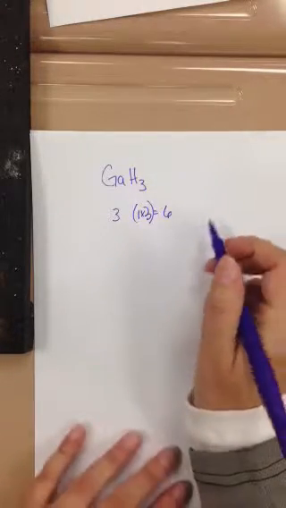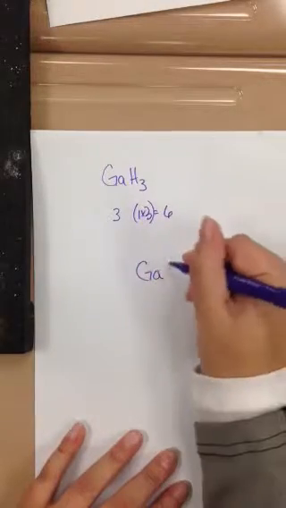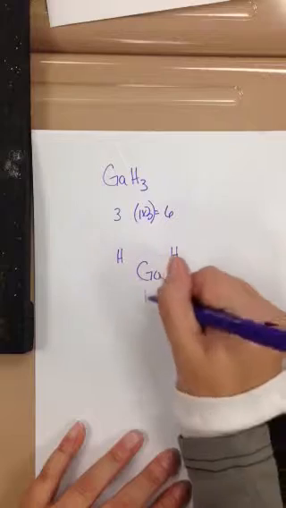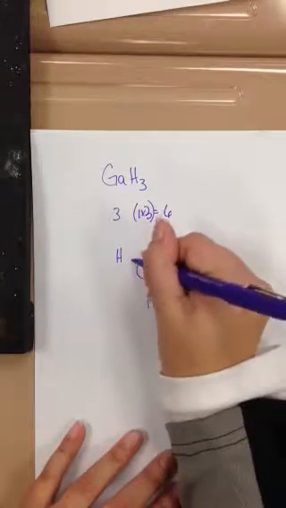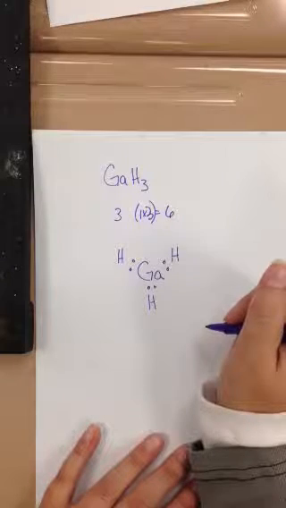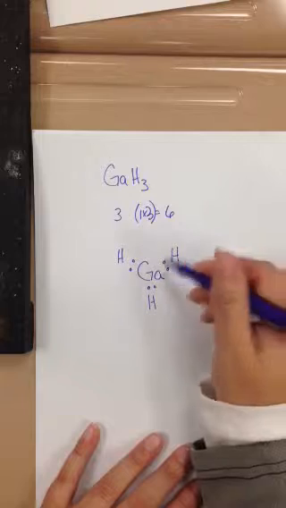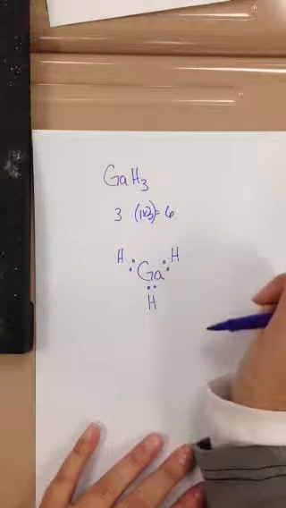Now guess what? This one's a weird exception because it's under boron, and you know that's the exception. So I'm going to draw these H's around here, with a pair, and we'll just leave it the way it is. So now gallium's cool, hydrogen's cool, this is the Lewis dot structure.